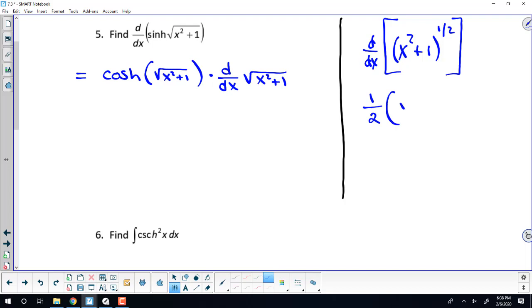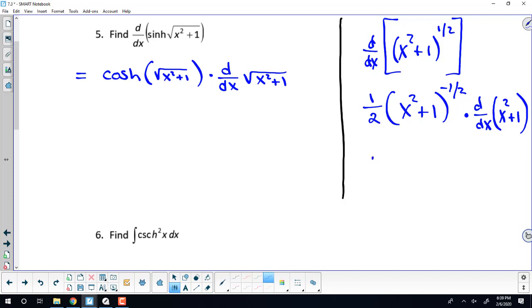Derivative of the outer function, leaving the inside function alone, times the derivative of the inner. Okay.